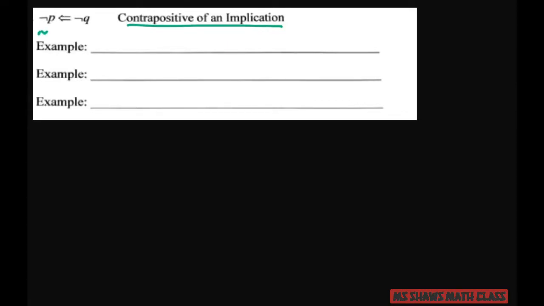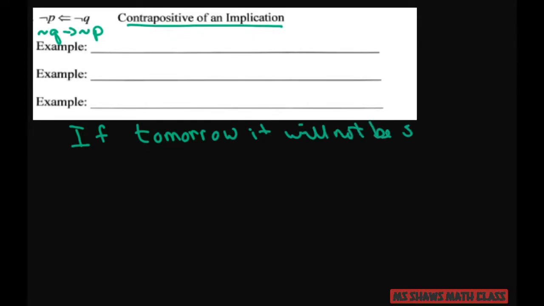So it's basically if not Q, then not P. So if we take our same Q and P, we could say, if tomorrow will not be sunny, then today it will not be cloudy.